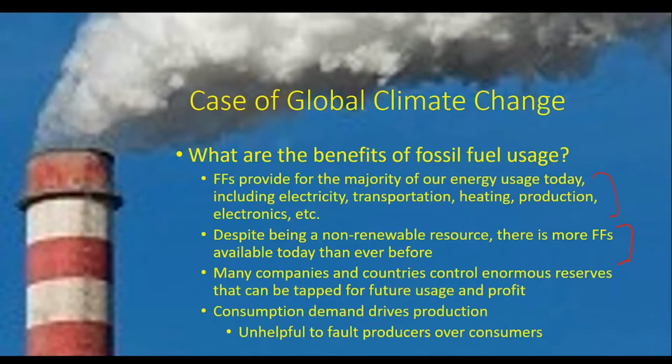They figured out more ways to take shale oil and turn it into useful oil and gas. They figured out how to find oil in unsuspecting places all around the globe. So I would bet you, I'm not sure about this entirely, but I'll bet you that there's more fossil fuels available today than there's ever been before. And that's stretching long into the future.